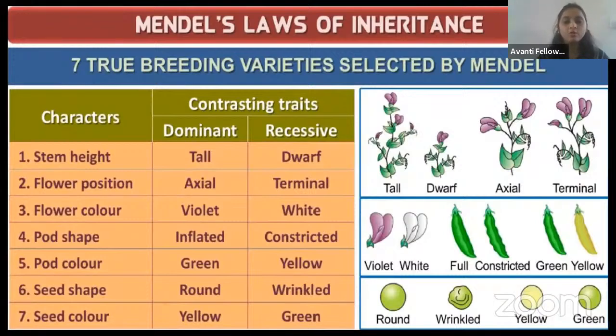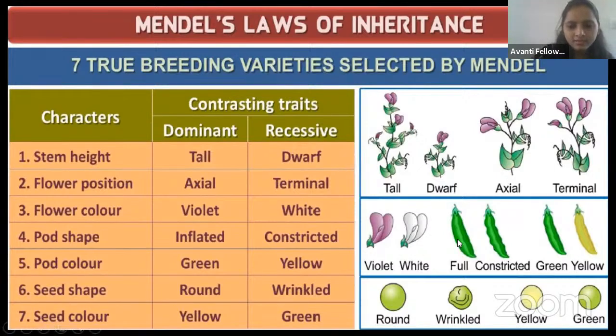In the position he studied axial and terminal. Remember, guys, so many of you will forget this. In the flower position, axial and terminal position. Then coming to the flower color, violet and white, and pod shape, inflated and constricted. Inflated means the pod is filled up.